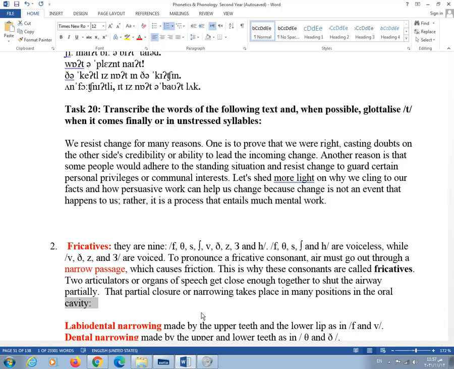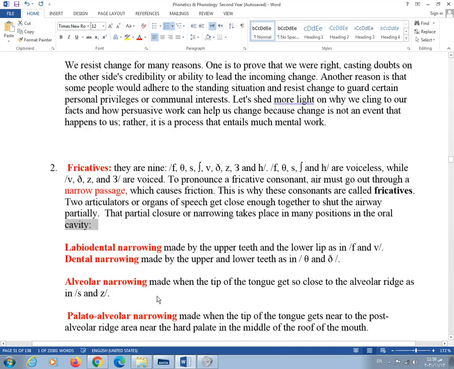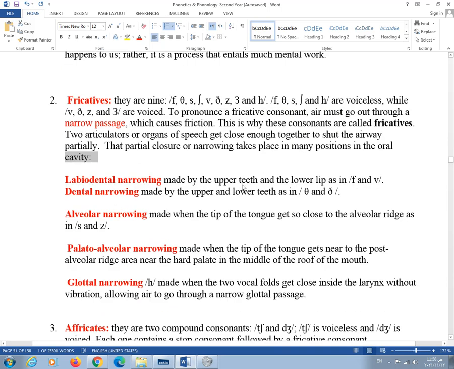And the two articulators or organs of speech get close enough together to shut the airway partially. This partial closure or narrowing takes place in many positions. We have several places where this narrowing happens. Number 1, labiodental narrowing made by the upper teeth and the lower lip as in f and v.